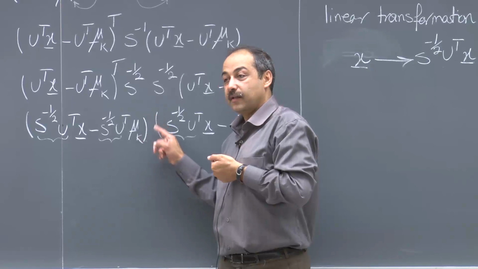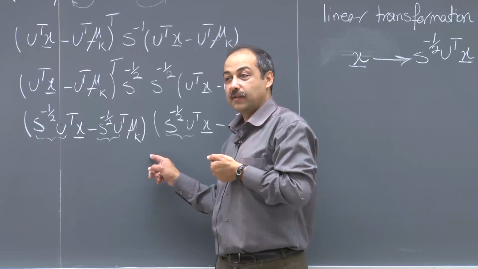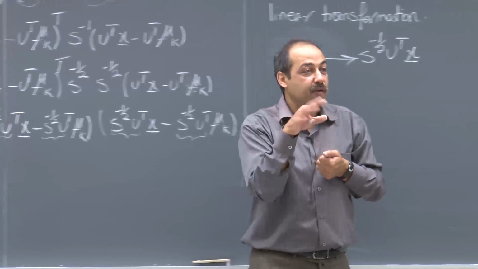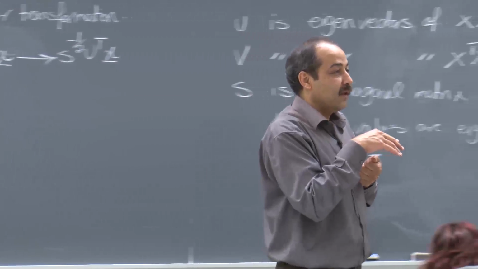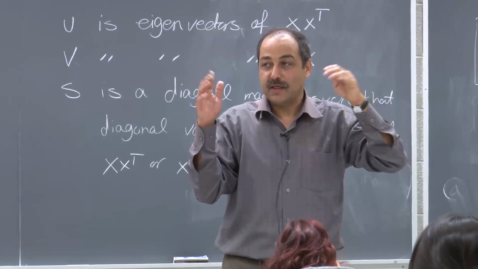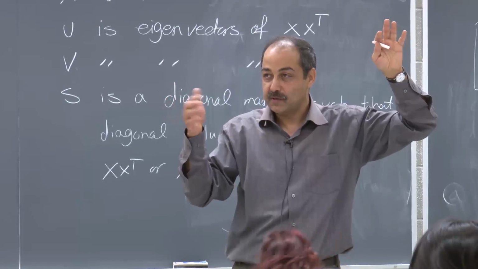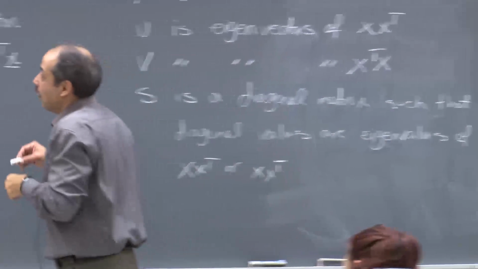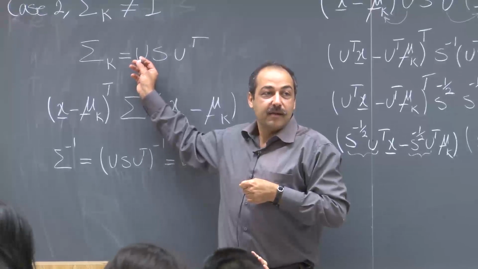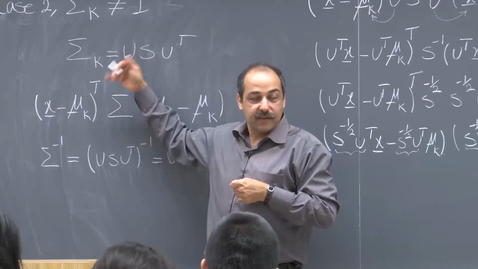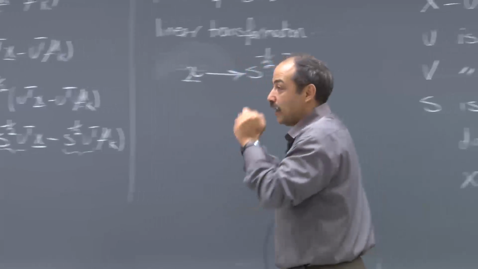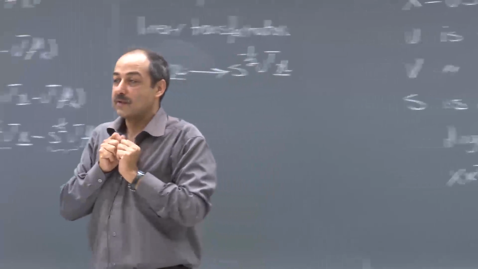But these new data points in the new space, what is their covariance matrix? Identity. So any data point that you give me, no matter what the covariance matrix is, I can decompose the covariance matrix using singular value decomposition, find U and S, take S to the power of negative half times U transpose, make a transformation, and apply this transformation to all of the points.